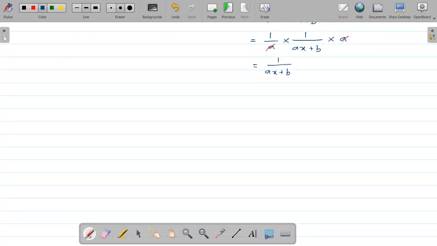Now third one. You know that the integration of a raised to x is equal to a raised to x upon log a plus constant. Then what about the integration of a raised to px plus q, where p and q are real numbers?